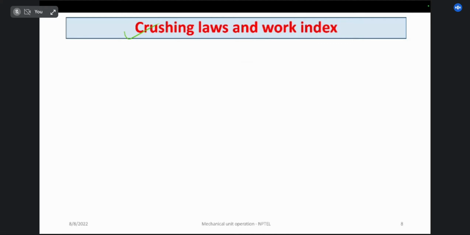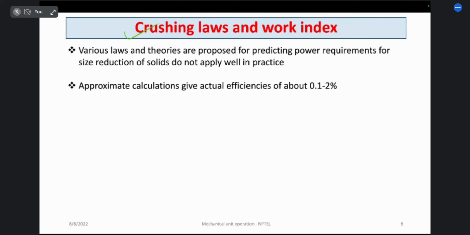We also need to understand the work index, the work required in these laws, in order to solve the examples, because the assignment problems for this course on size reduction are based on these laws only. According to the laws, many examples are there, and we will also try to solve some examples here.